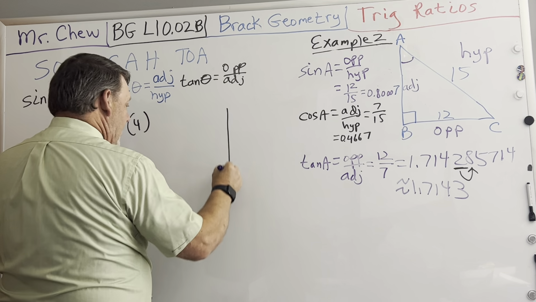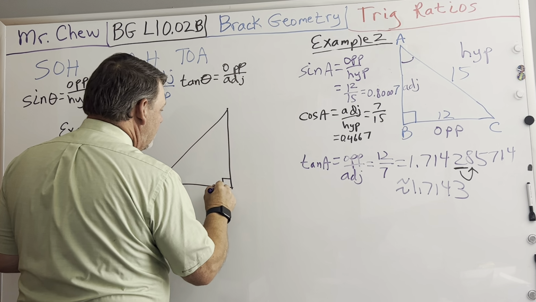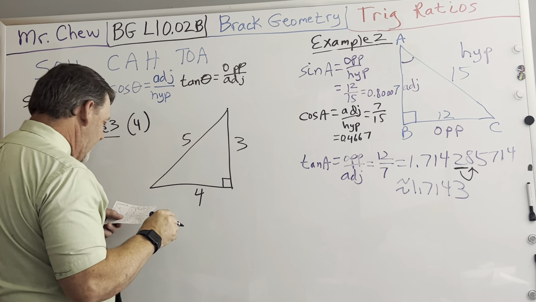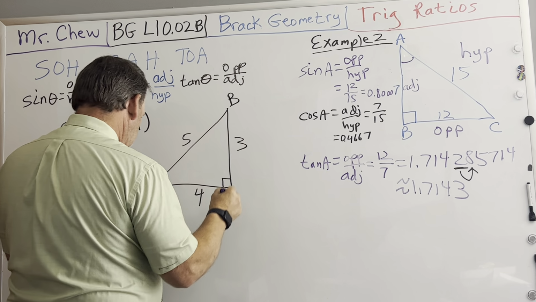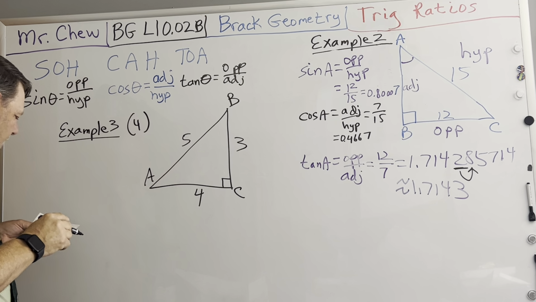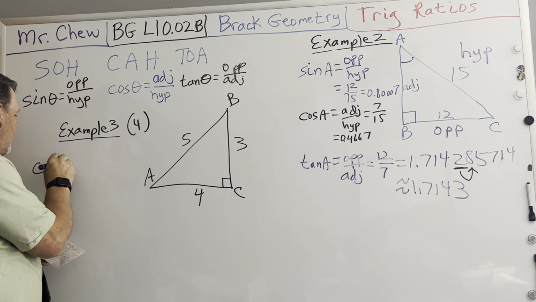We have another triangle here, and it's just a special 3, 4, 5 triangle. And these are the letters that I'd put on it.